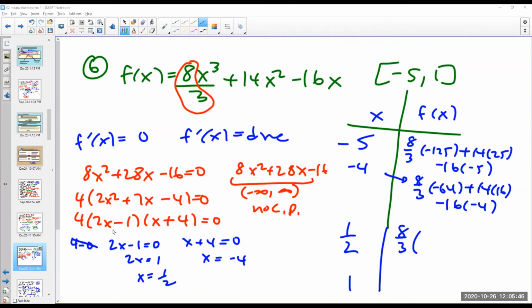If I put in here my function, that's 8/3 x cubed plus 14 x squared minus 16x.